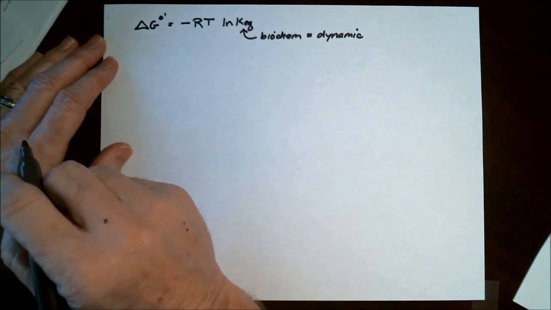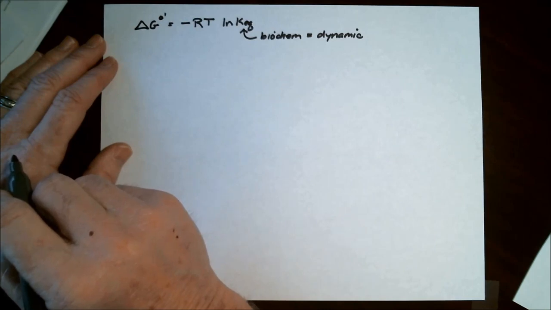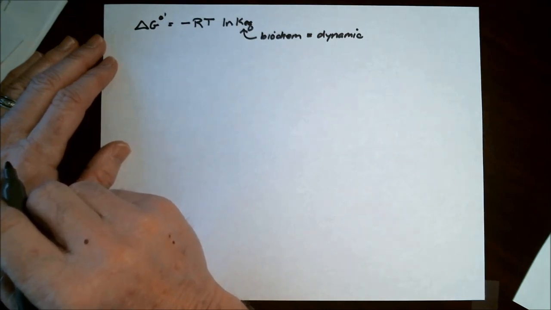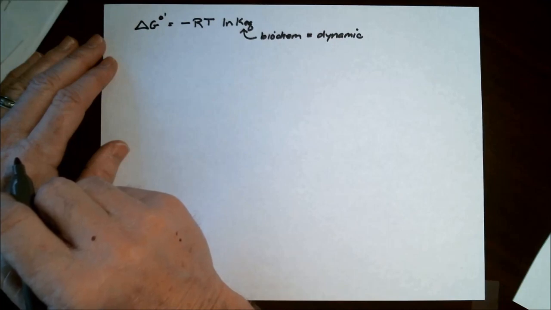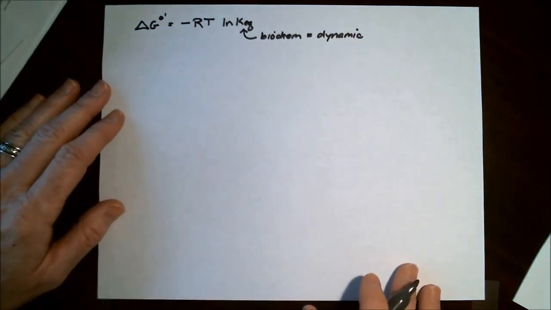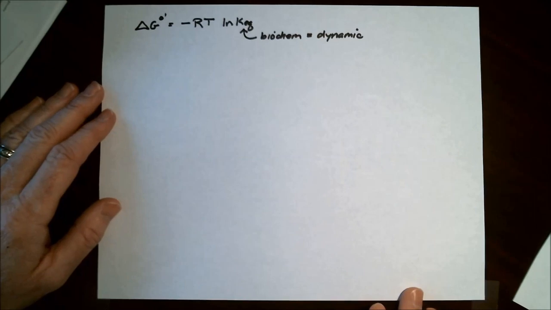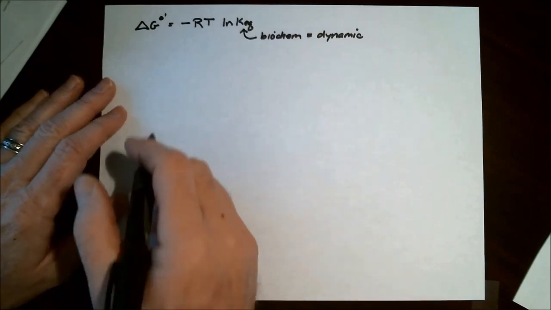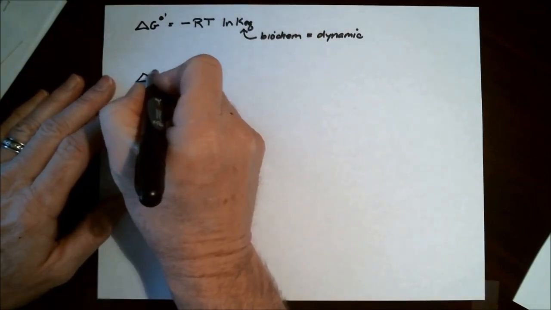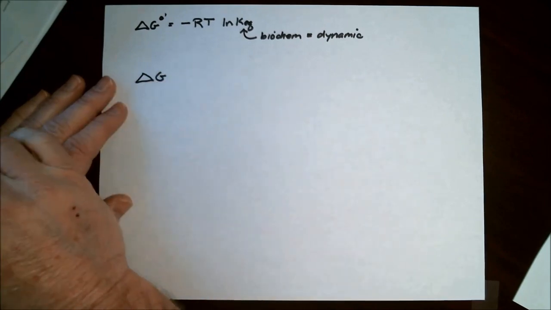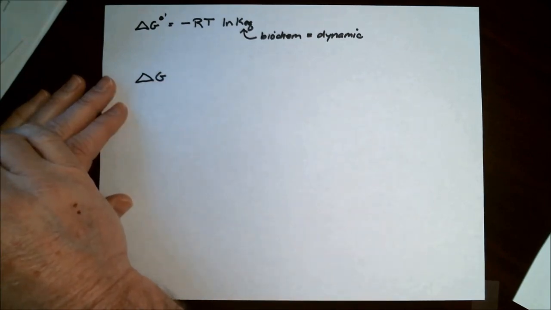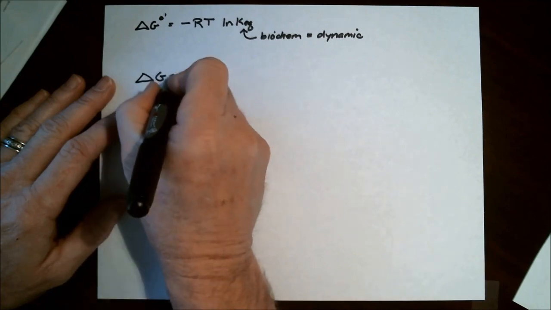So that means that the substrates and products are changing over time because of different inputs and regulatory elements.